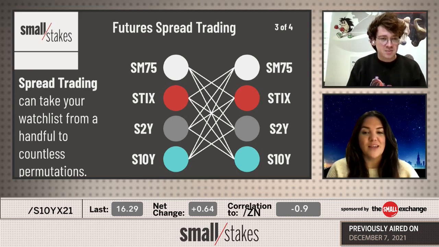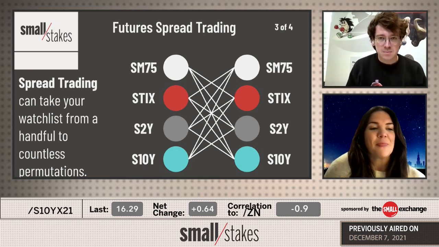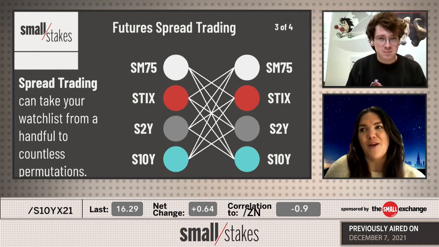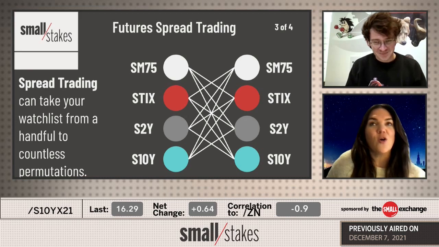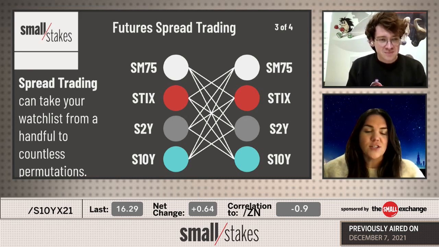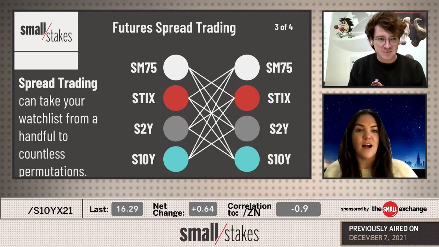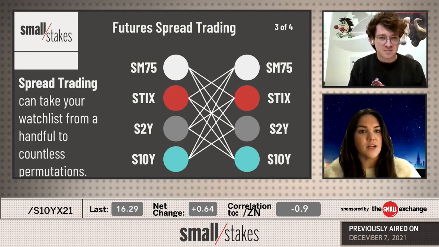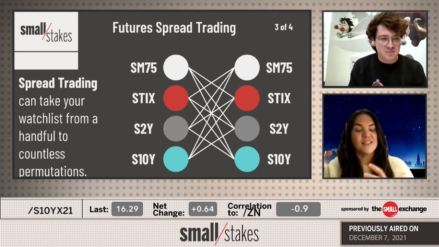Yeah, absolutely. And I think the thing too, I'm probably a broken record at this point, but working smarter, not harder. When I open up the Small Exchange newsletter, I see a correlation table that tells me right away, okay, with SM75 and S10Y, I think the newsletter you guys sent out on Monday said it was like a 0.6 positive correlation, which makes sense that we would buy one and sell the other.